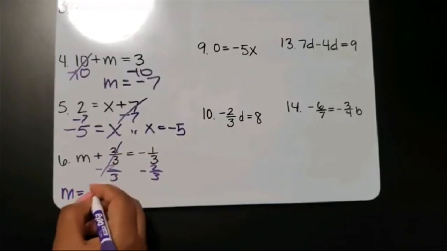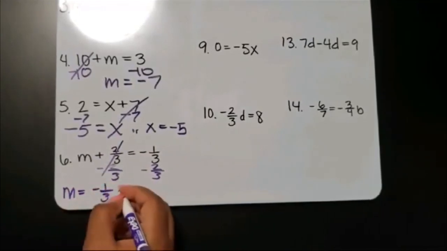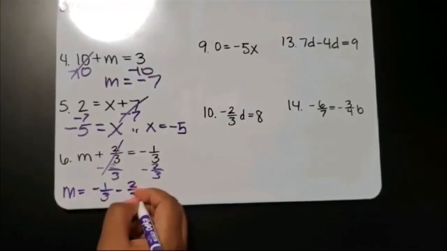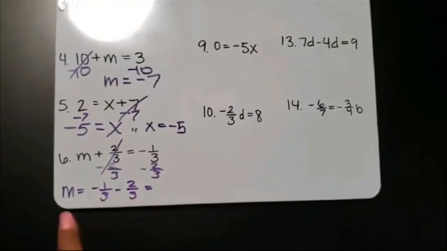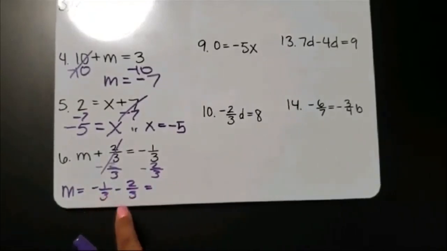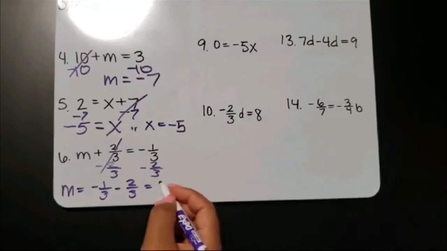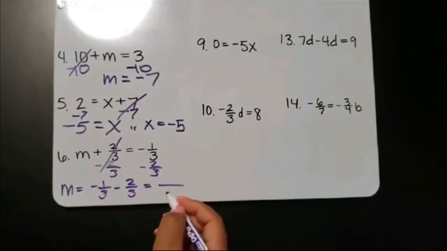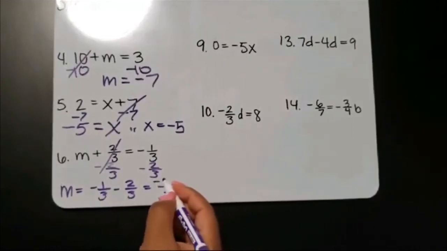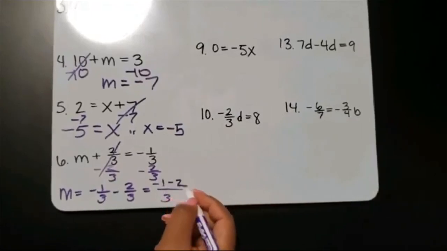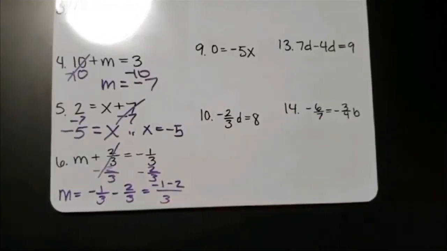So m equals, and you can rewrite it so you can see it better. So I have negative 1 over 3 minus 2 over 3, and you know that when we have that same denominator, we're basically looking at negative 1 minus 2.